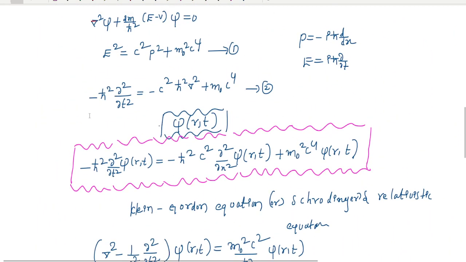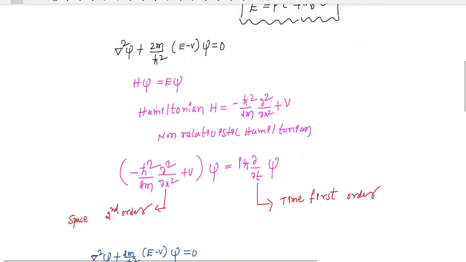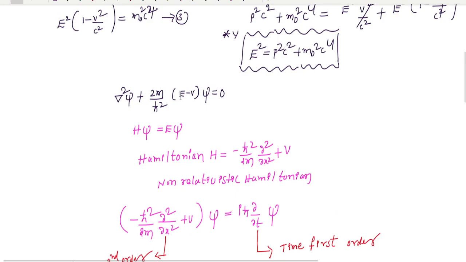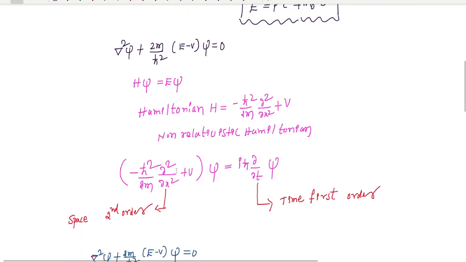If you look at these equations properly, we began with relativistic energy and relativistic momentum. Then we tried to explain what is needed for relativistic quantum mechanics. So first we took the Schrodinger wave equation.